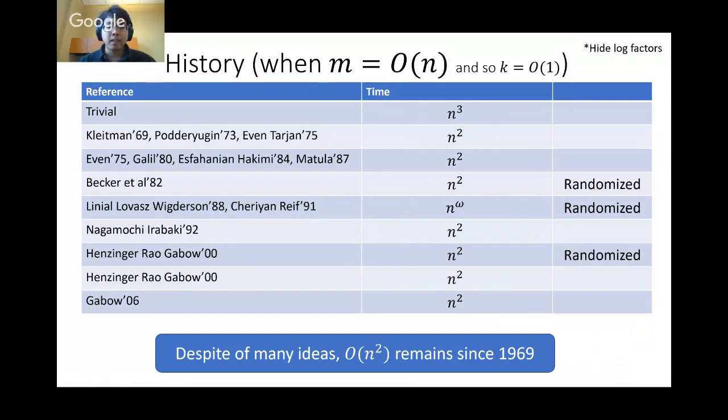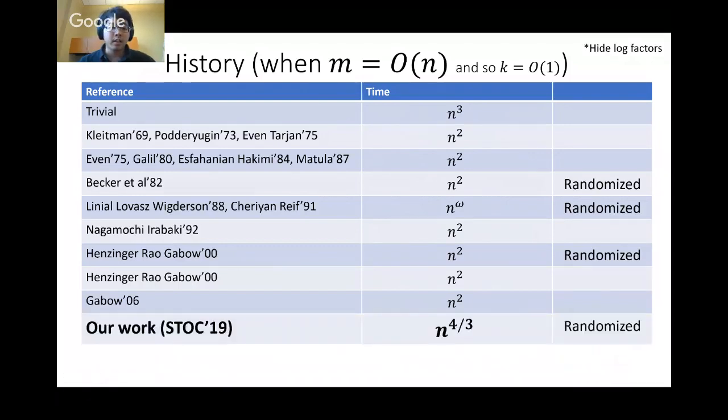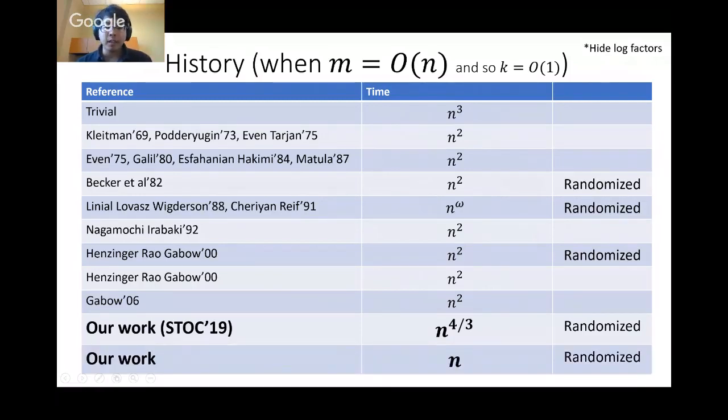So just recently, in our work at STOC, we break this N squared bound down to N to the 4/3. And actually today, I will tell you how to solve this in near linear time.